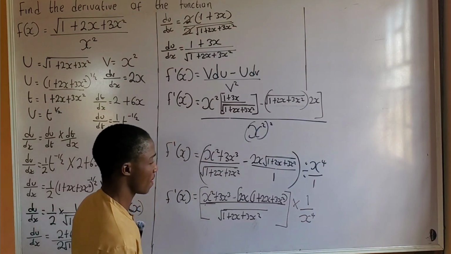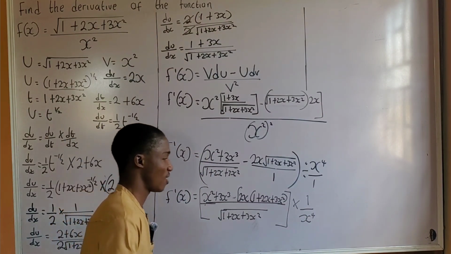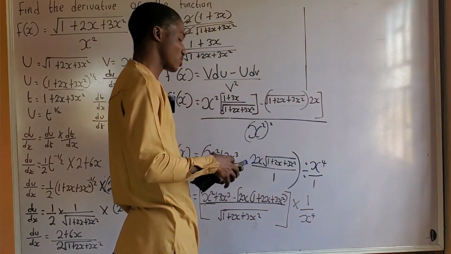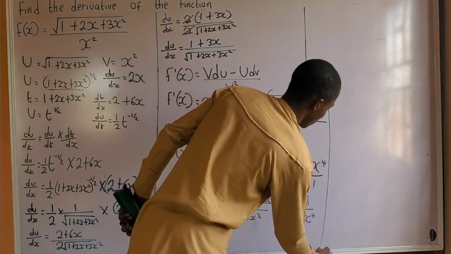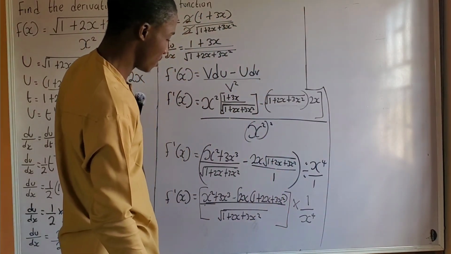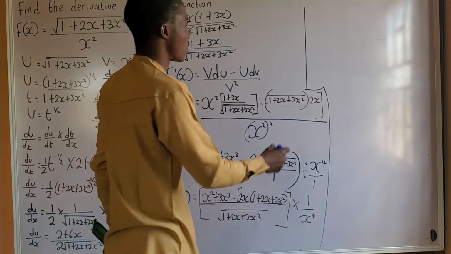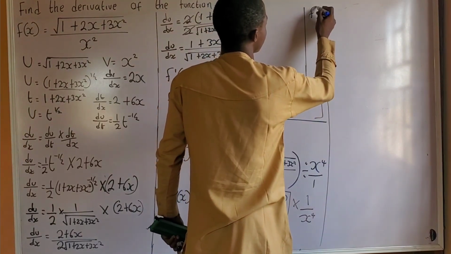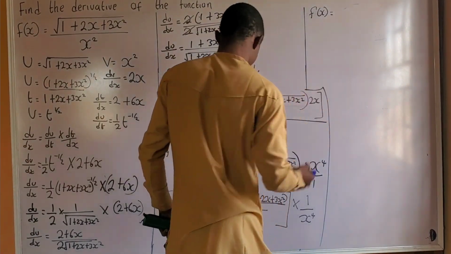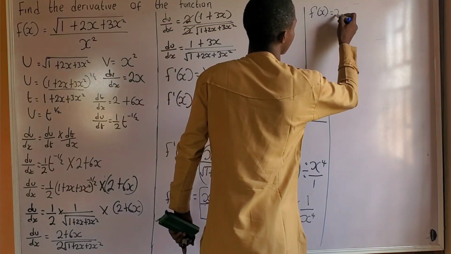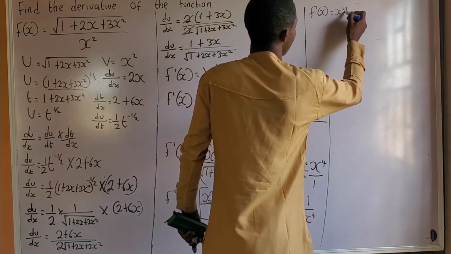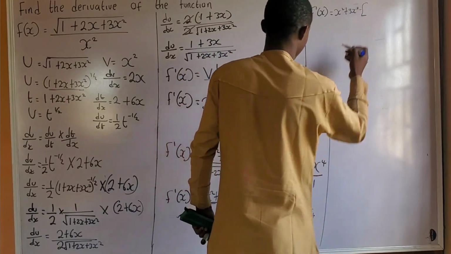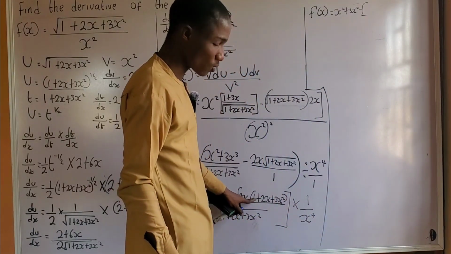Do you understand? Now, please, I want you to pay attention. Let's just simplify. It's simple. Having gotten to this point, the next step is to open the bracket. The derivative of f of x will be equals to x squared plus 3x cubed minus, okay, now 2x times 1, that is 2x.